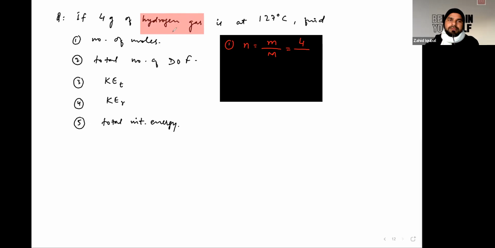Yes, sir. Since hydrogen being a gas, it will act as an H2 molecule. So its mass will be 2. So 4 divided by 2 will be just 2. So the number of moles is 2. Is it clear? Yes, sir.